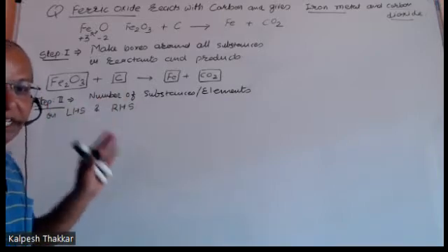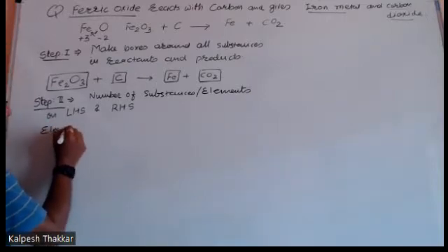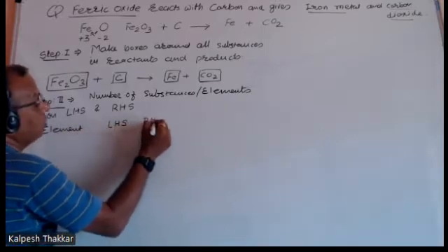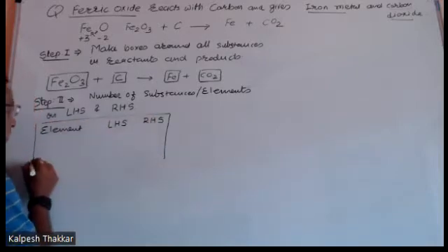So we have to make a list of substances. Here we write element or substance. This is the left hand side and this is, friends, the right hand side. So here one small table is to be prepared.